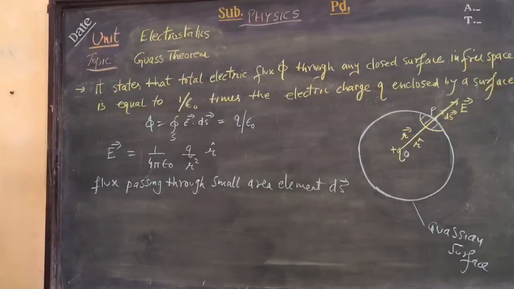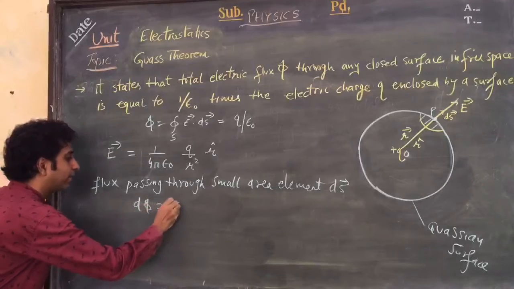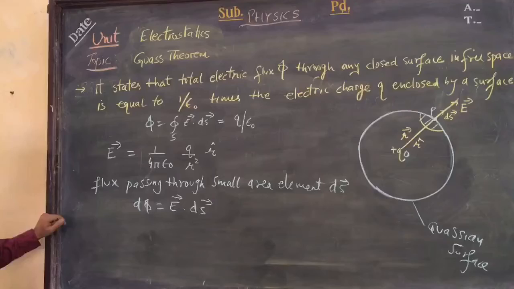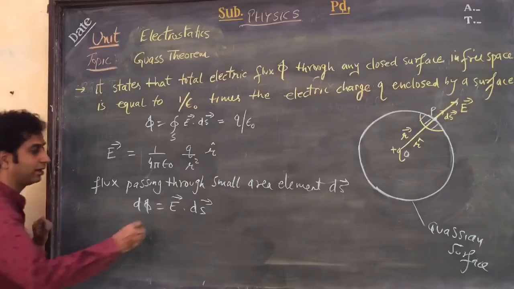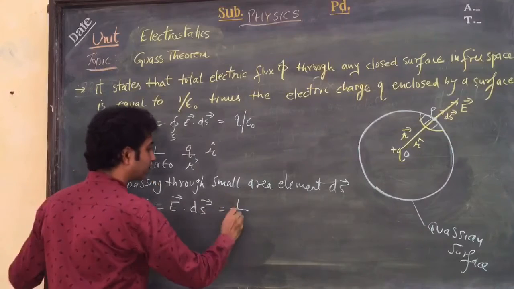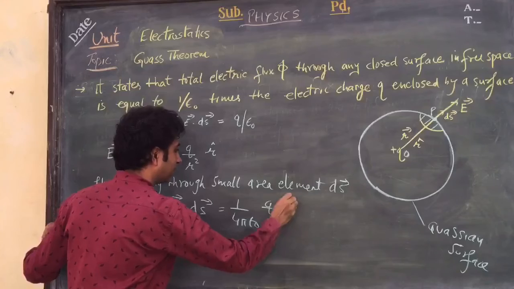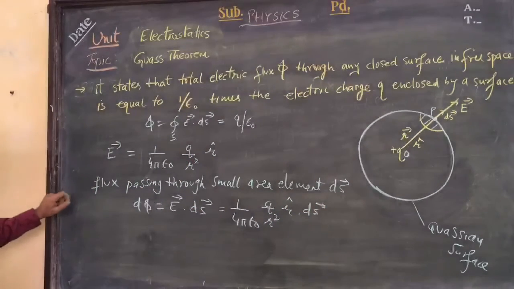As per the definition, d phi equals E dot dS. This is the formula for flux passing through a small area element dS vector. Putting the value of E vector, we get 1 by 4 pi epsilon Q by r square into r cap dot dS vector.